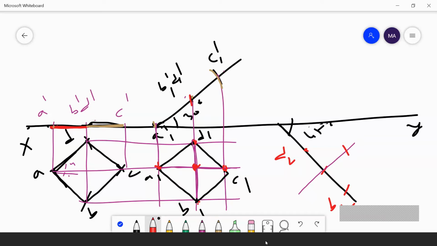Midpoint to A1, measuring it and cutting an arc here. We'll get A1, C1, A2, C2. I am joining this A2, B2, C2, D2. Okay, is it clear up to here? Repeat it.